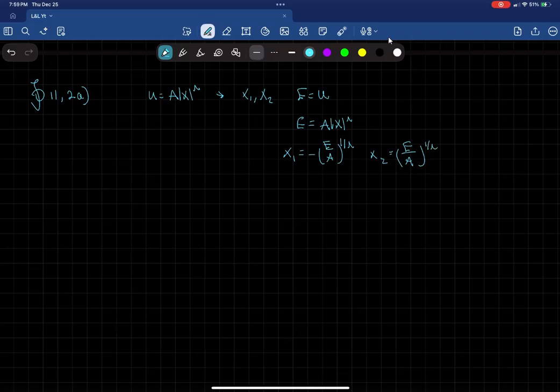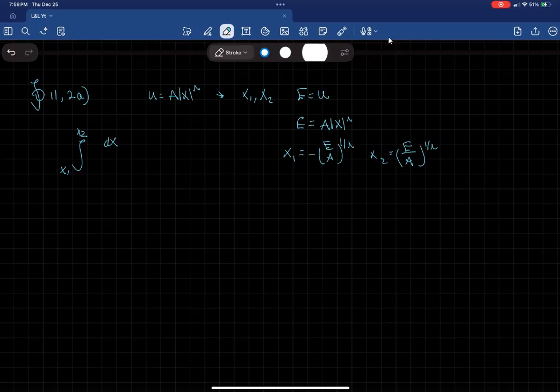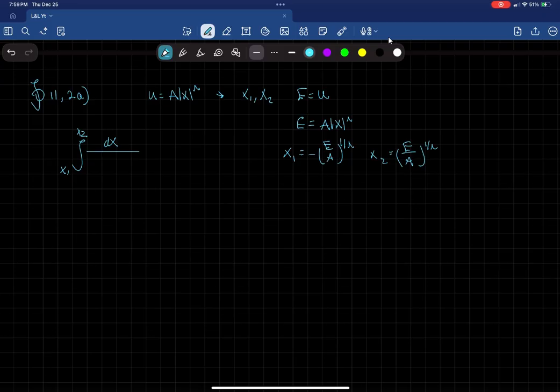So we can now set up our integral. Integral from x1 to x2 of dx over the square root of 2 over m, E minus U. And this integrand is just a straight rearrangement of the energy equation.